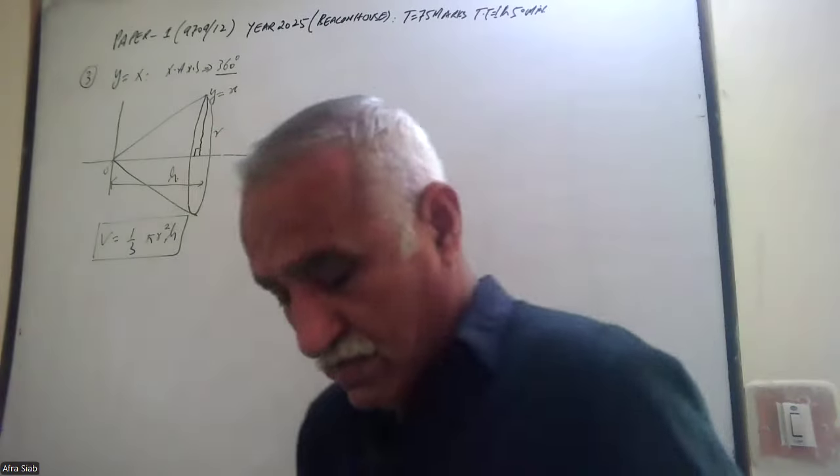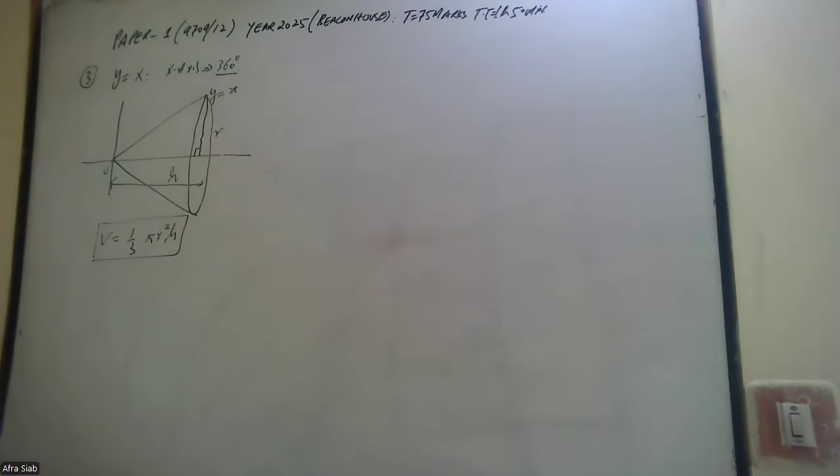So we are going to find out the volume of this figure about the x-axis, which is making a cone where the radius is r and the height is h.